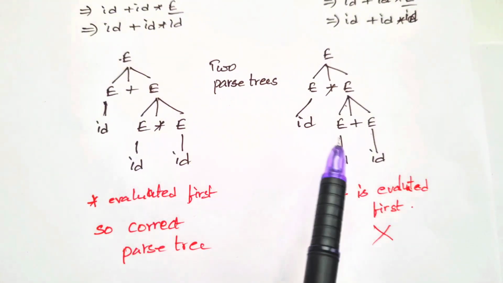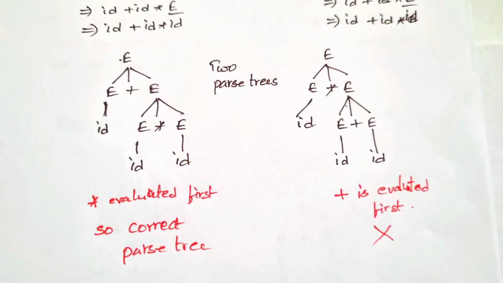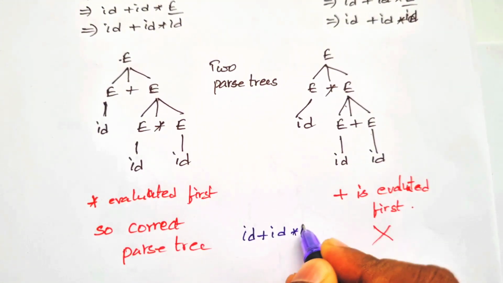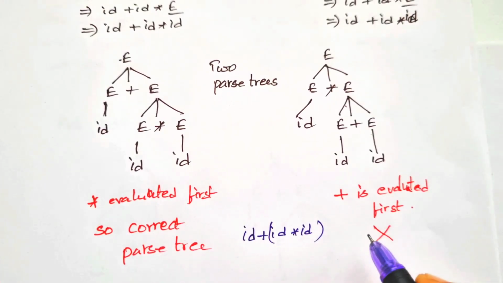See here, which tree is correct here? Generally, in any language, the star operator has more precedence than the plus operator. Means star must be performed first and then plus. Means the string is evaluated like this: first star and then plus.